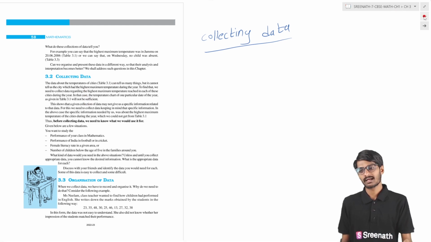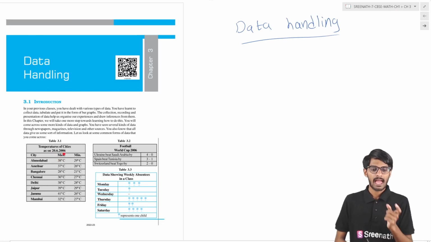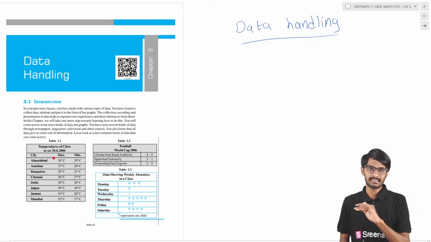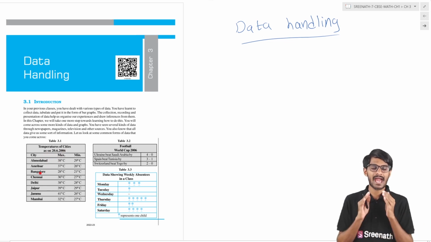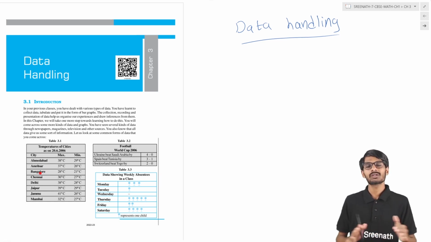No, you can't tell the answer for it. Why? Because this table has only the temperatures of cities on this particular day only, but it does not have the temperatures throughout the year. It is having only a particular day. So by using this data, we can't predict the maximum temperature of the city throughout the year.